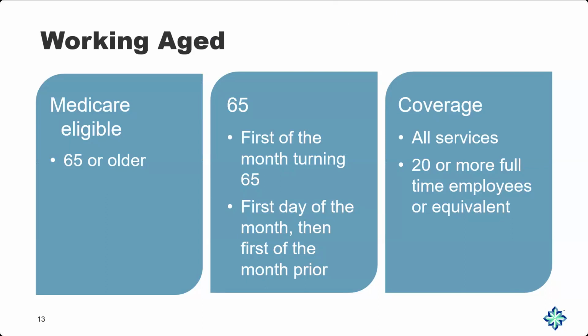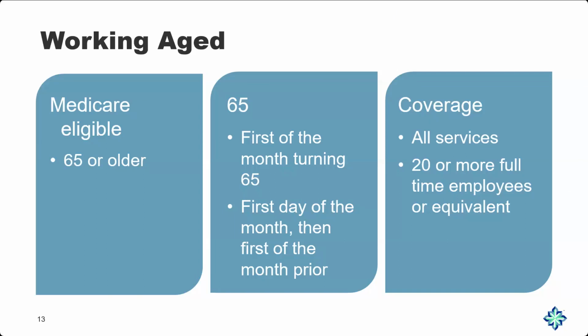Okay. But taking that a step further, you become Medicare eligible on the month prior if your birthday is the first of the month. So if you have an August 1st birthday, what day do you become eligible? July 1. It's a little bit different there, but it's still defined by 65. That's what we call 65.